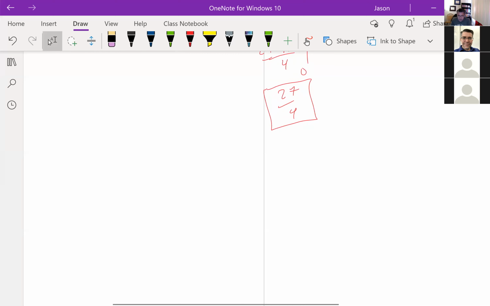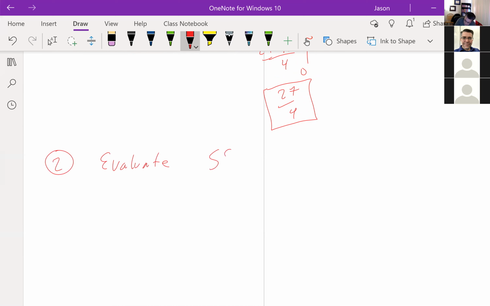Okay, so that's number 1, a triple integral. Let's try number 2 here. Evaluate over a region. If I have E here, this is not a box.